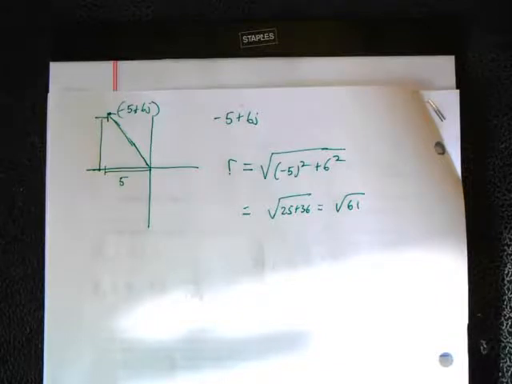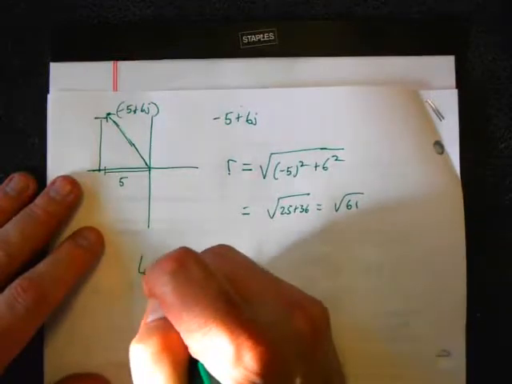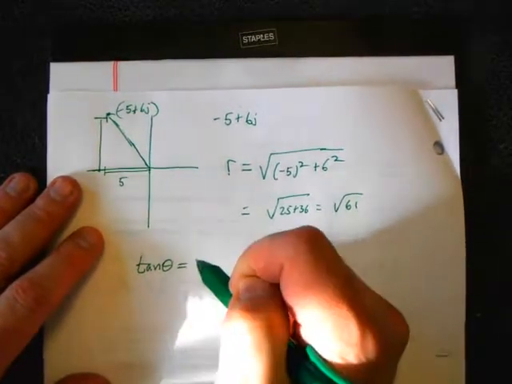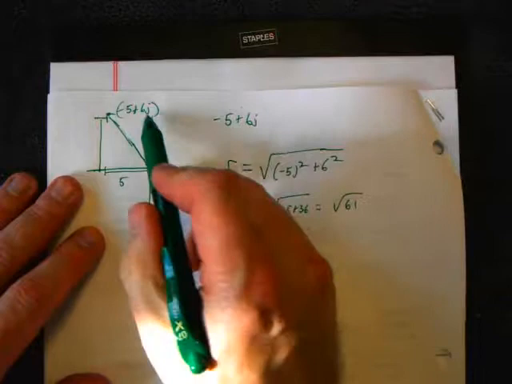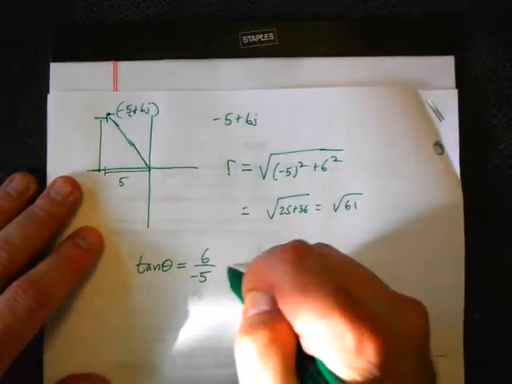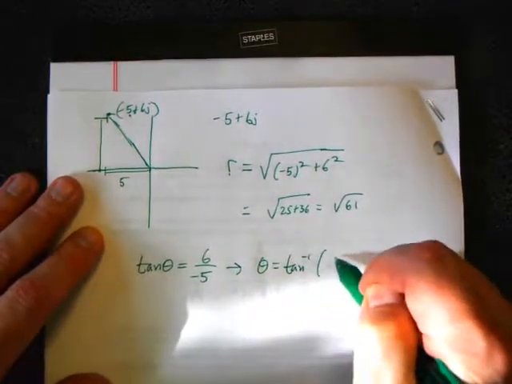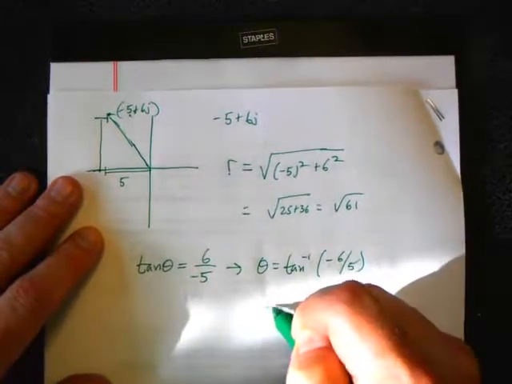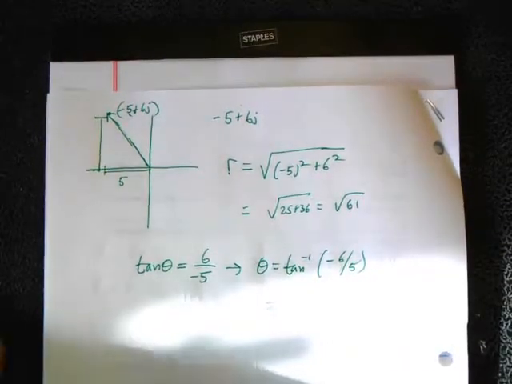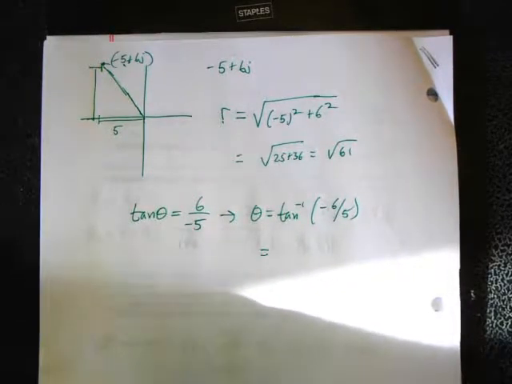All right, how about the angle? Tangent of theta is the y over the x, so it's 6 over negative 5, which means theta is tangent inverse of negative 6/5. And you use your calculator. Your calculator said 129.8?